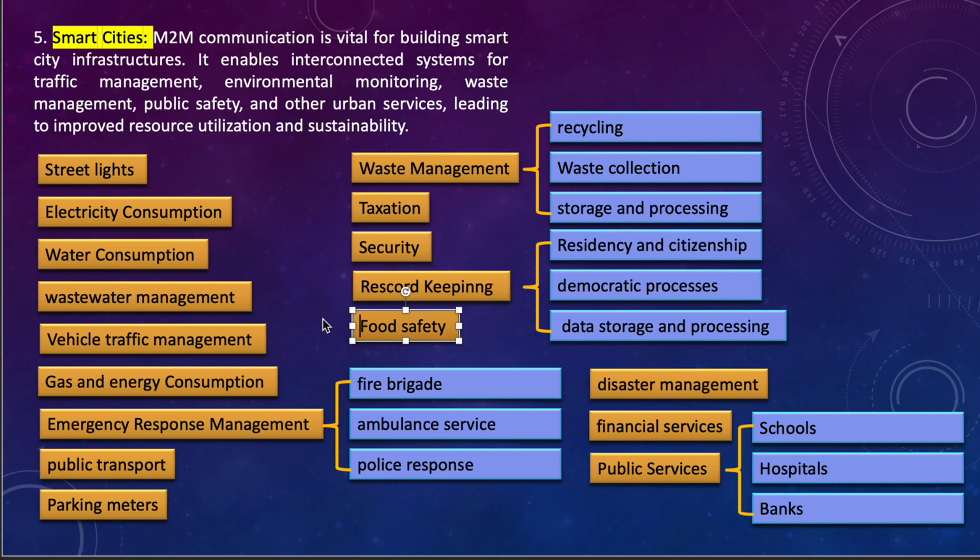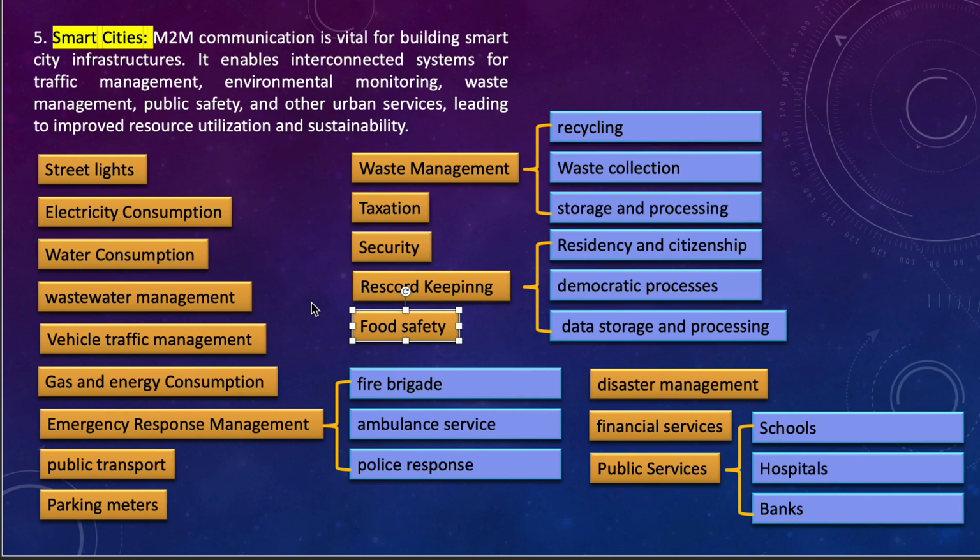Right, food safety, if you take management of warehouses, there will be a lot of security cameras, resources, and temperature control systems which will be severely needed, especially to ensure food safety without going bad.